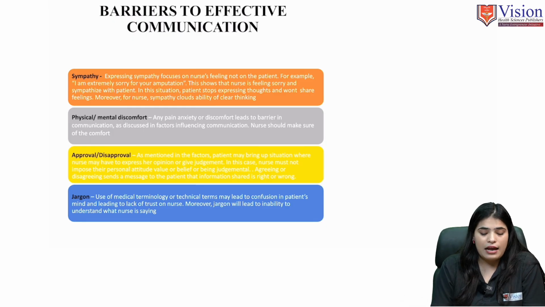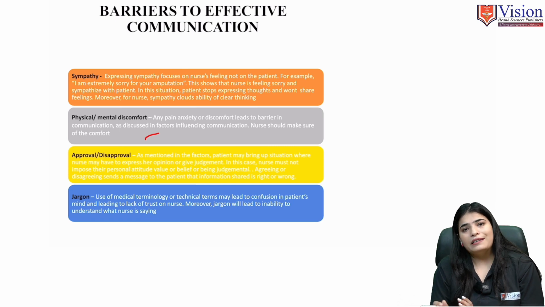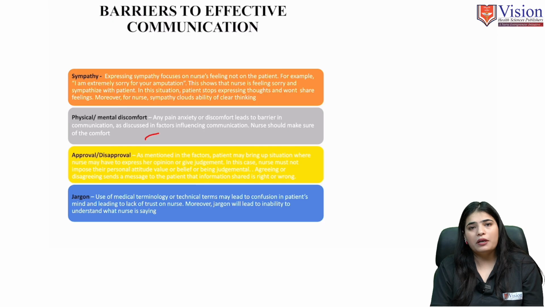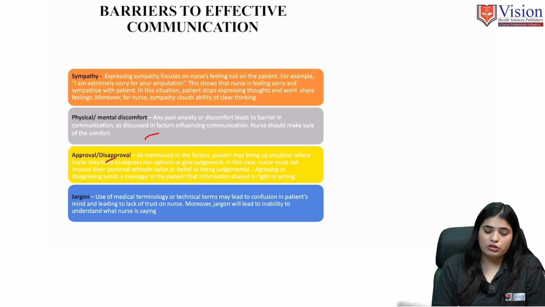Next is physical and mental discomfort. Physical and mental discomfort can be a barrier in communication. When the patient is in pain, they will be highly distracted by the pain and will not be able to communicate effectively. Approvals and disapprovals. A patient may bring up a situation where the nurse has to express her opinion or judgment. In this case, the nurse must not impose her personal attitude, values, beliefs, or judgment on the patient.